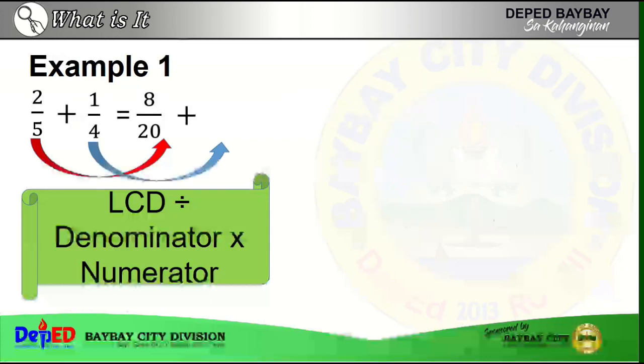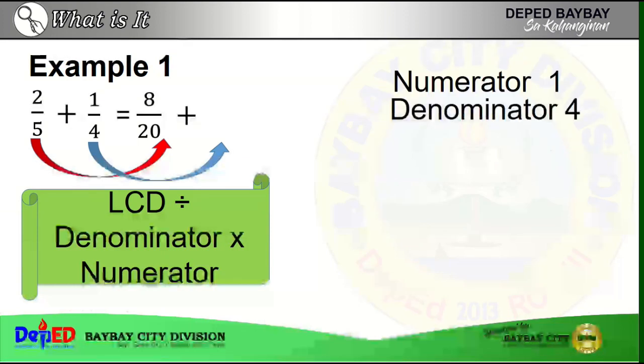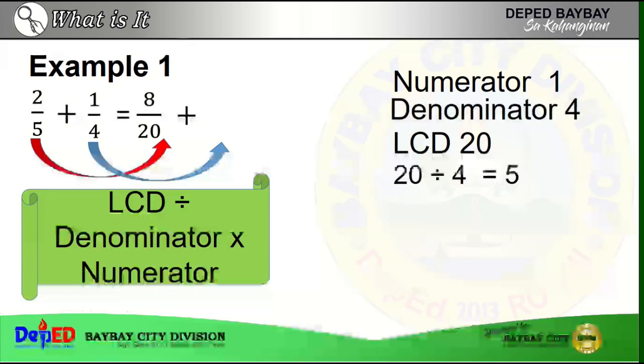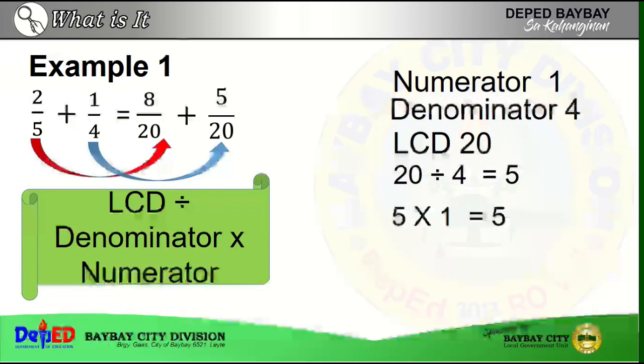Plus, for 1 over 4, our numerator is 1, denominator is 4, LCD is 20. So LCD 20 divided by denominator 4 is equal to 5. Then 5 times numerator 1 is equal to 5. That is why we have 5 over LCD, which is 20.